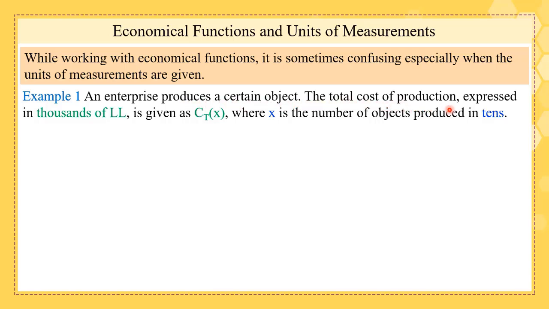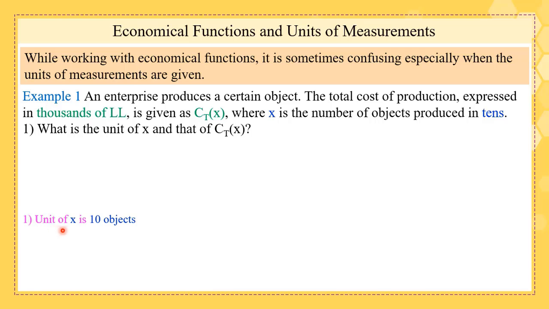The total cost of production, expressed in thousands of lira Lebanese, is given as CT of X, where X is the number of objects produced in tens. Part 1. What is the unit of X and that of CT of X? Using the given information, the unit of X is 10 objects, and the unit of the total cost CT of X is 1000 lira Lebanese.